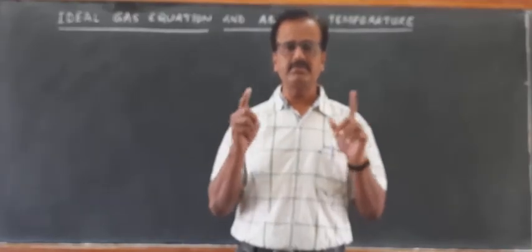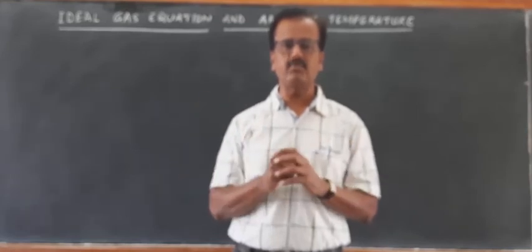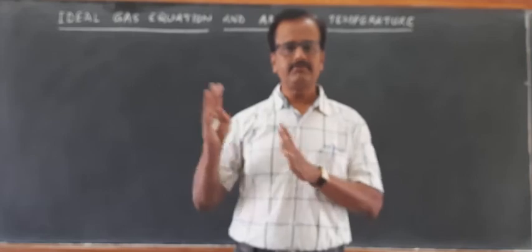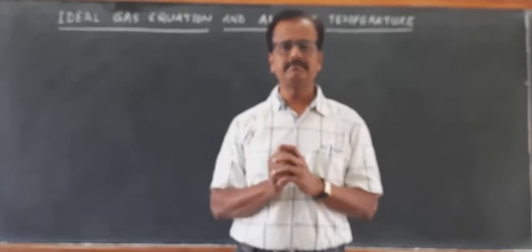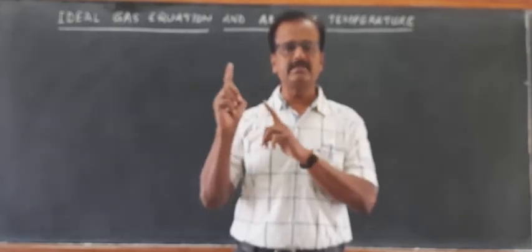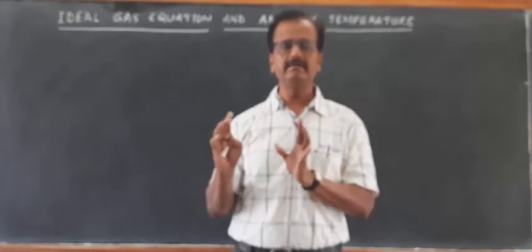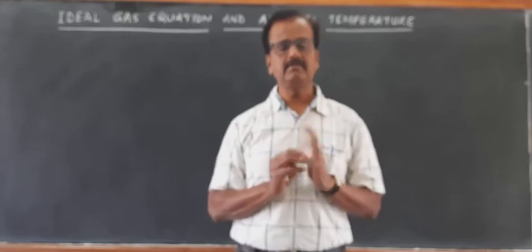Fixed value temperatures, we know 0 degree Celsius is the ice point and 32 degree Fahrenheit is the Fahrenheit scale ice point. 100 degree Celsius is the steam point. Correspondingly, 212 degree Fahrenheit is the Fahrenheit scale fixed point.